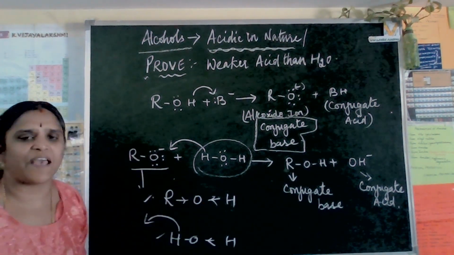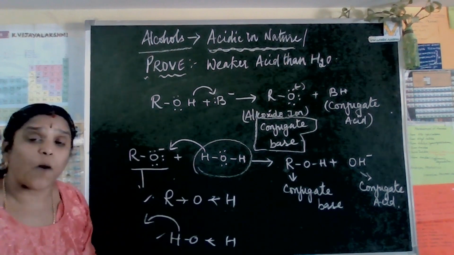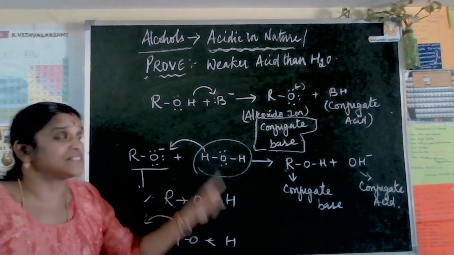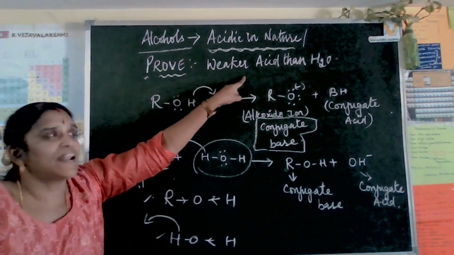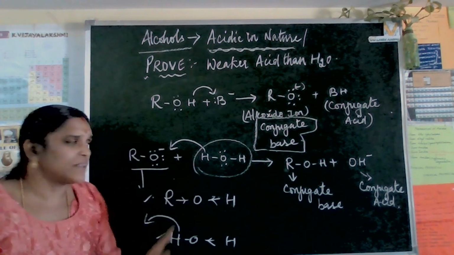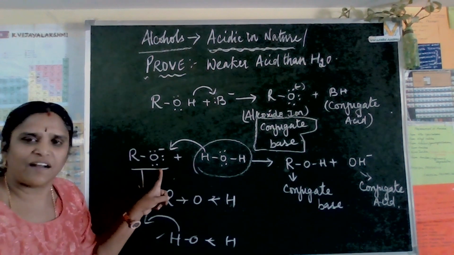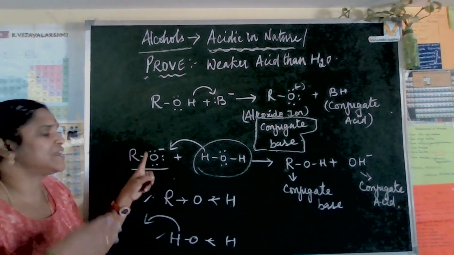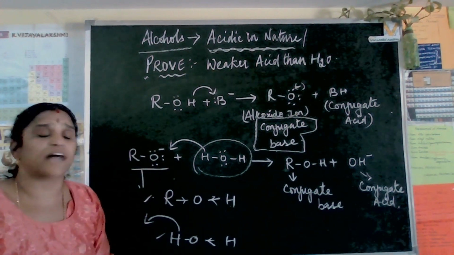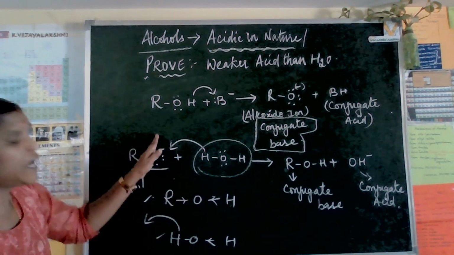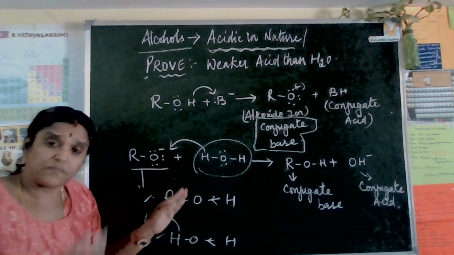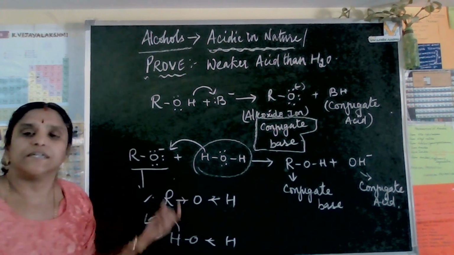So that is how we can identify why water is a stronger acid than alcohol, or alcohols are weaker acids than water. One point, the alkoxide is ready to accept the proton from water, or else water is ready to donate that proton to the alcohol.